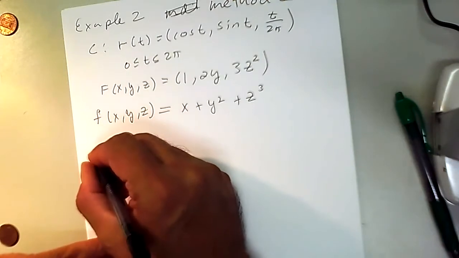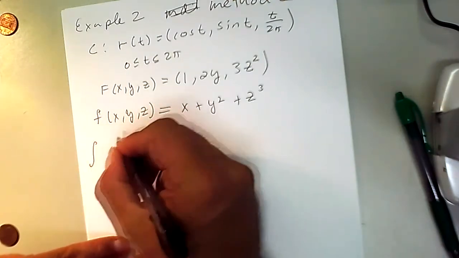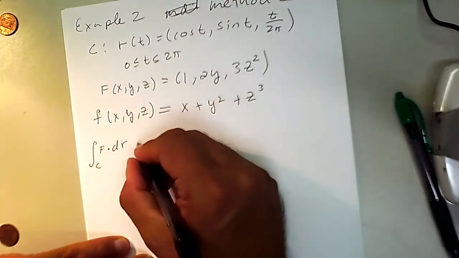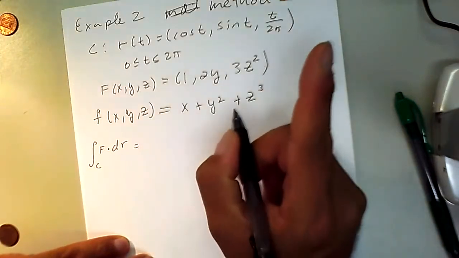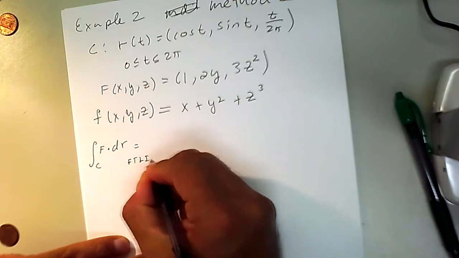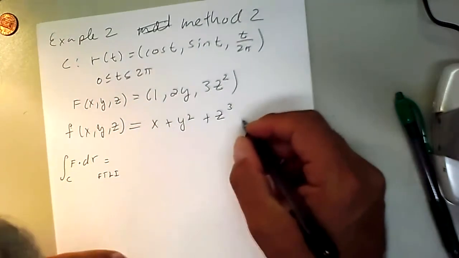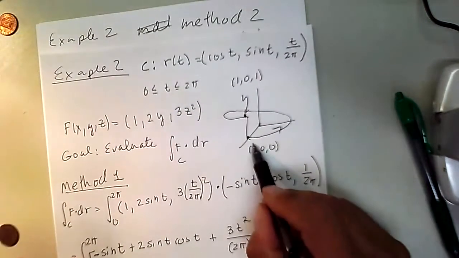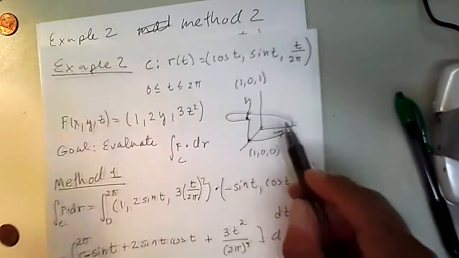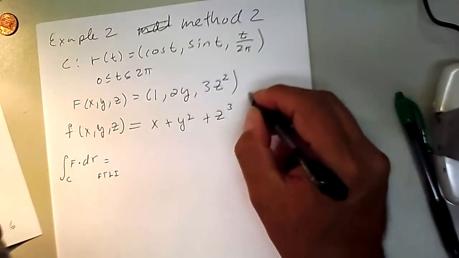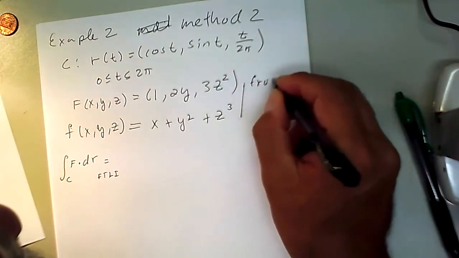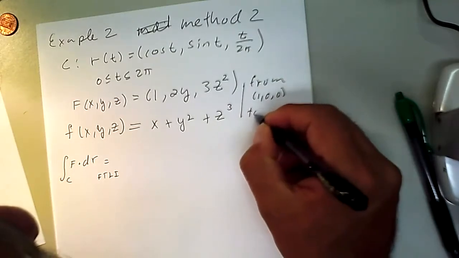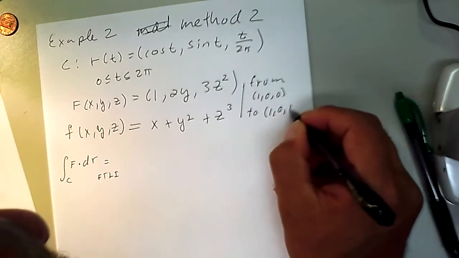Yeah, I'm taking way longer than I wanted on this problem because this is almost finished. So the line integral of this vector field over this path is going to be, by the fundamental theorem of line integrals, oh, we need the points. Where does this start? Remember in the introduction to this example, we start here and then we end up there. So we go from 1,0,0 to 1,0,1.